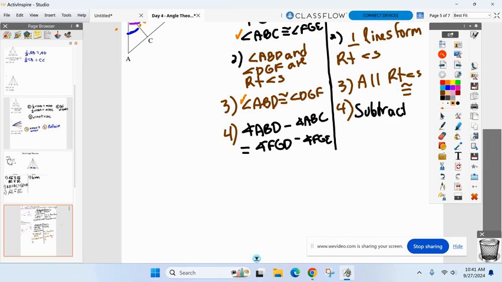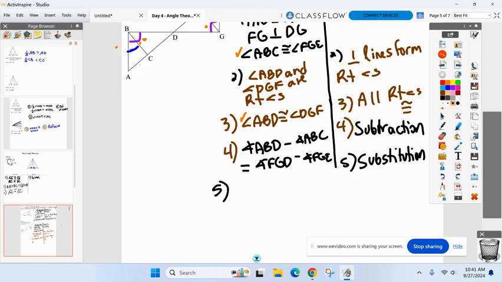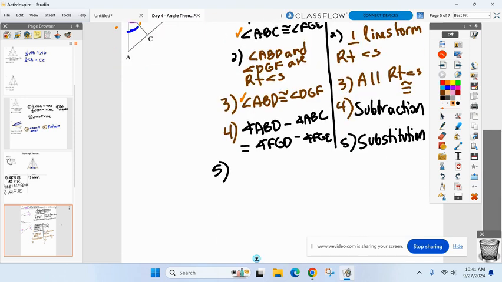Make sure we're writing subtraction, not the other word that sounds like it. And nothing's changing. What's always after subtraction? Substitution with the proof statement. Look at you guys working your way up to 5 steps now. Boss moves. DBC, DGE. Boss moves. 5 steps.